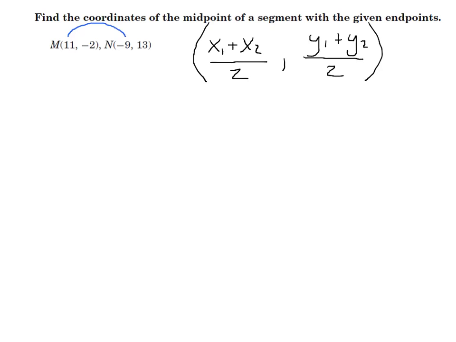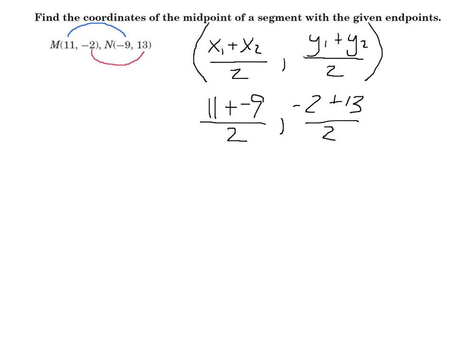So for my x's, 11 plus negative 9 divided by 2. And for my y's, I'm going to average negative 2 and 13. So for my y's, I'm going to do negative 2 plus 13 divided by 2.